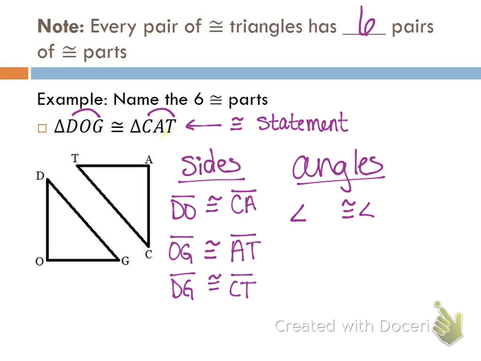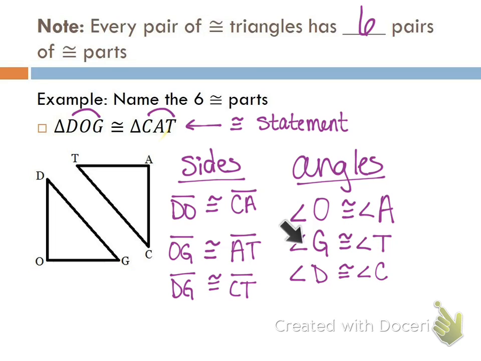Give me a pair of angles that you think should be congruent. A and O, sure. O and A. What else? C and D. Angle G and angle T. The last one would be angle D and angle C. Now you could list these forwards or backwards.